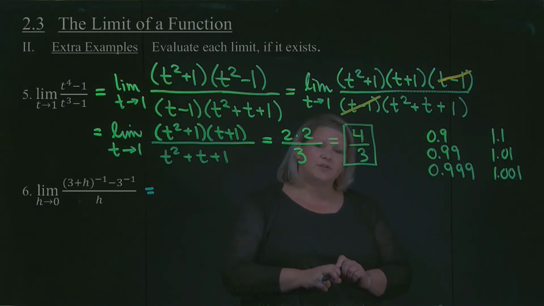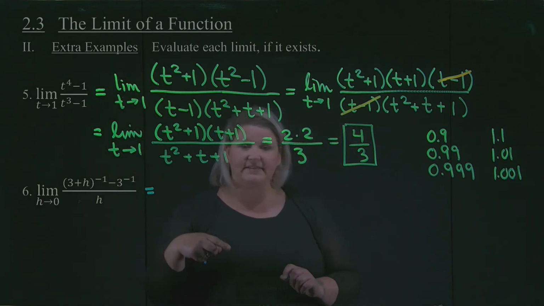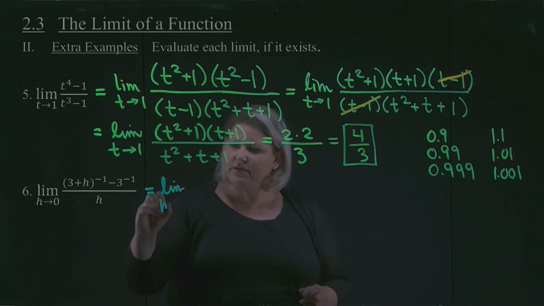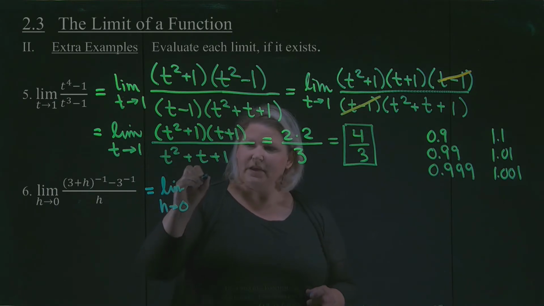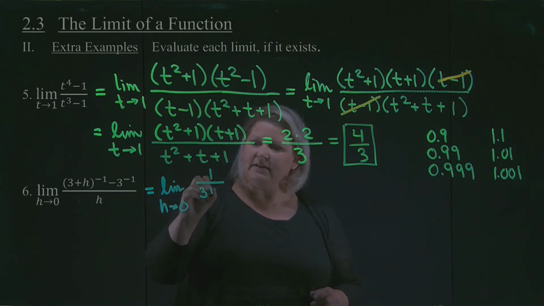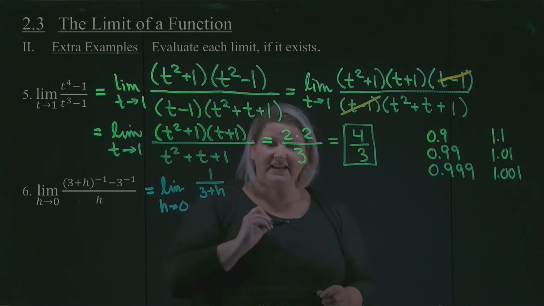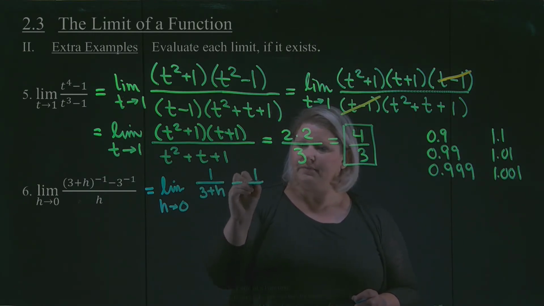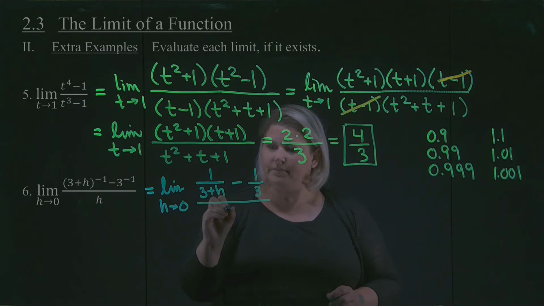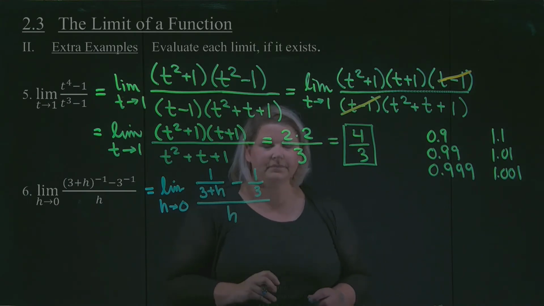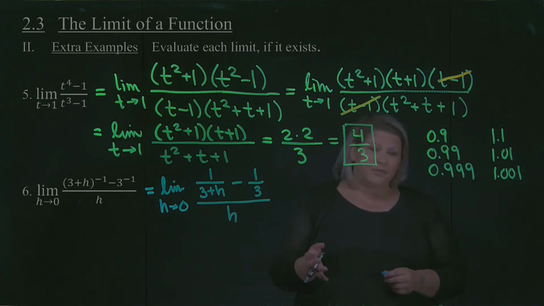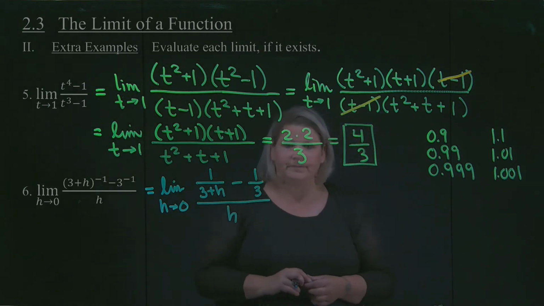The first thing I'm going to do is write it as fractions. So I'm going to write it without the negative exponents. So instead of having 3 plus h to the negative 1, I'm going to write 1 over 3 plus h. Then I'm going to write it as minus 1/3 and put that over h.